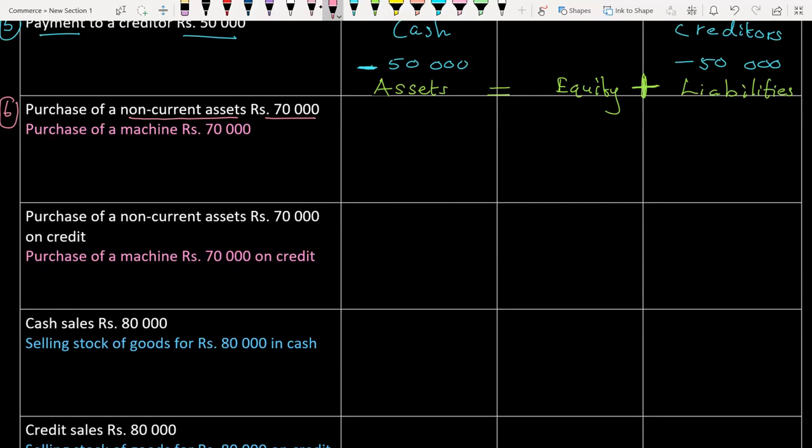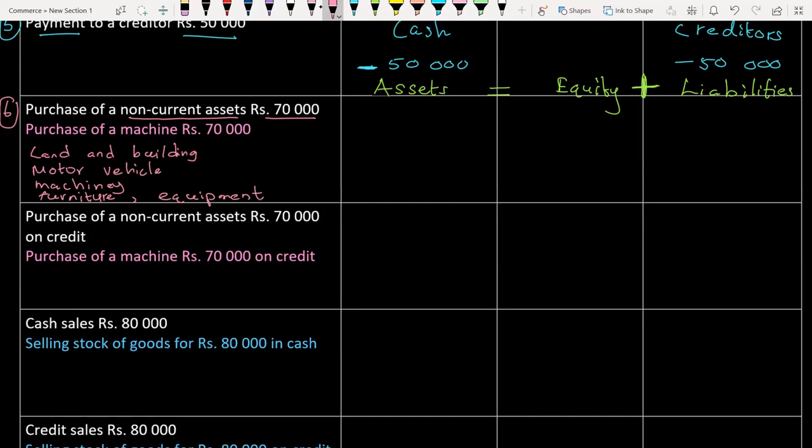The very famous non-current assets are land and building. Then motor vehicles. Then machinery or machines. Also furniture. And also you can say equipment.